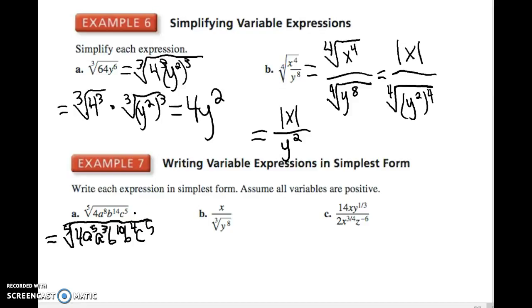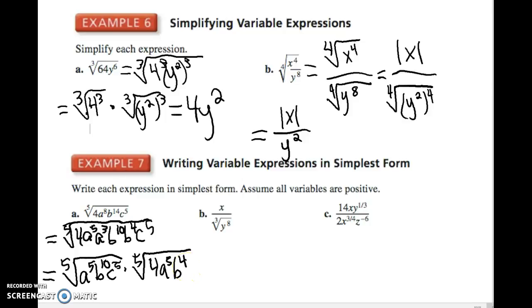So now I can focus on all of my exponents that go into 5. I have the 5th root of a to the 5th, b to the 10th, c to the 5th, times the 5th root of 4, a to the 3rd, b to the 4th.